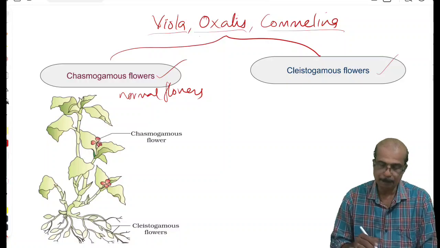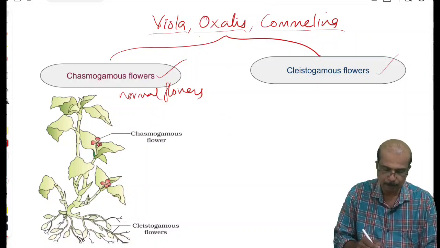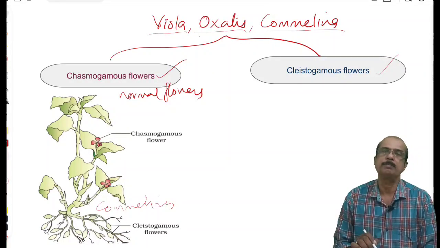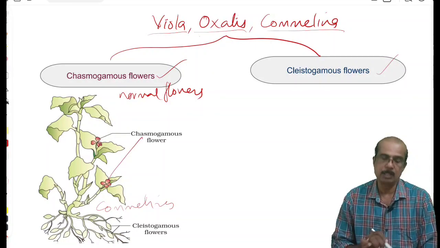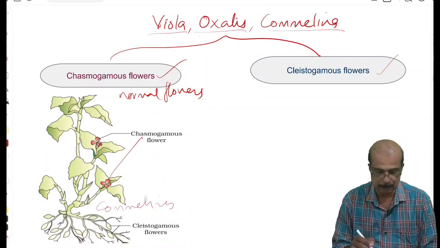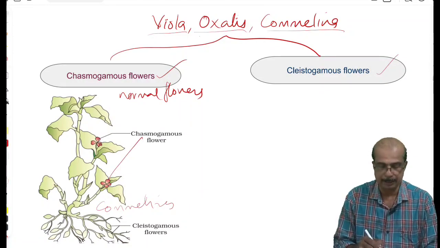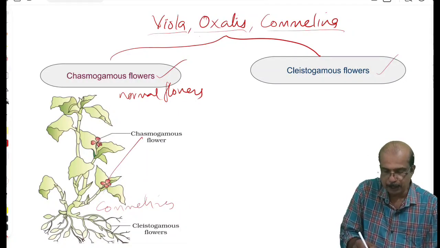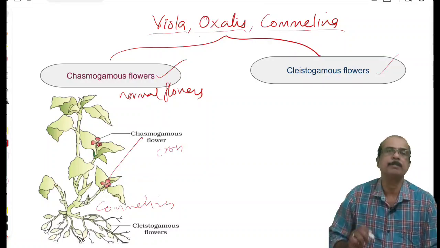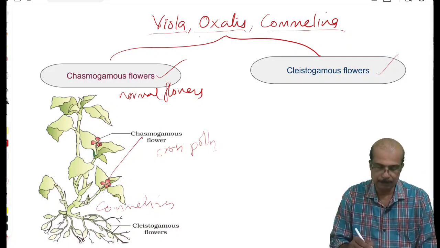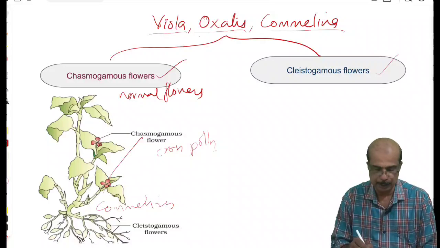Here, this is the picture of Commelina. These are chasmogamous flowers. These are normal flowers produced during the season, which open and are meant for cross-pollination. Unfortunately, they do not undergo cross-pollination.